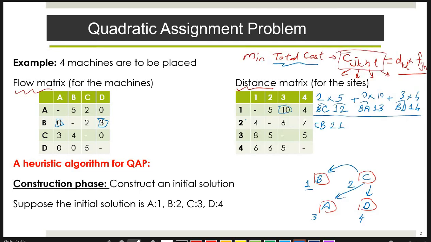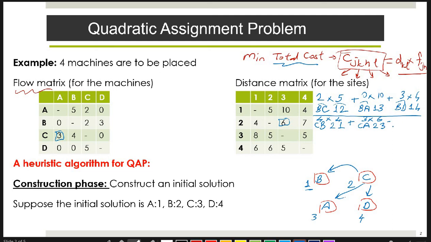The flow from C to B is 4 units, multiplied by the distance from 2 to 1, which is 4 units, plus C and A, where C is in 2 and A is in 3. Let me clean up. Flow between C and A is 3 multiplied by the distance from 2 to 3, which is 6.